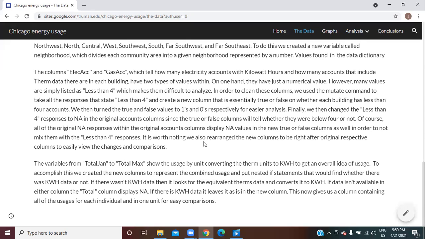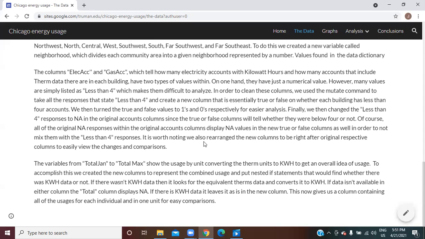Because so many of the observations in the data set were split into where they only use therms or only use kilowatt hours, I thought it would be useful to create an overall measure that converted the therms into kilowatt hours.